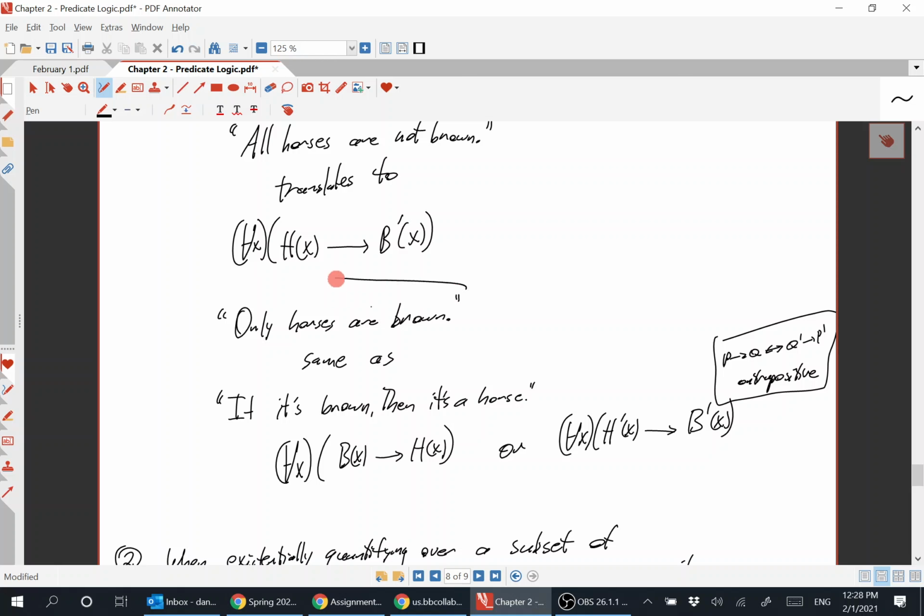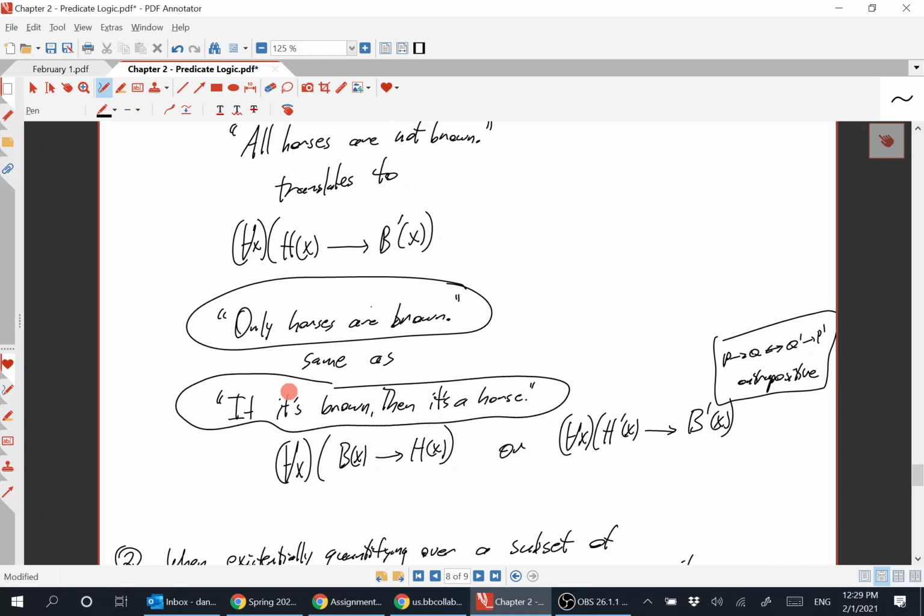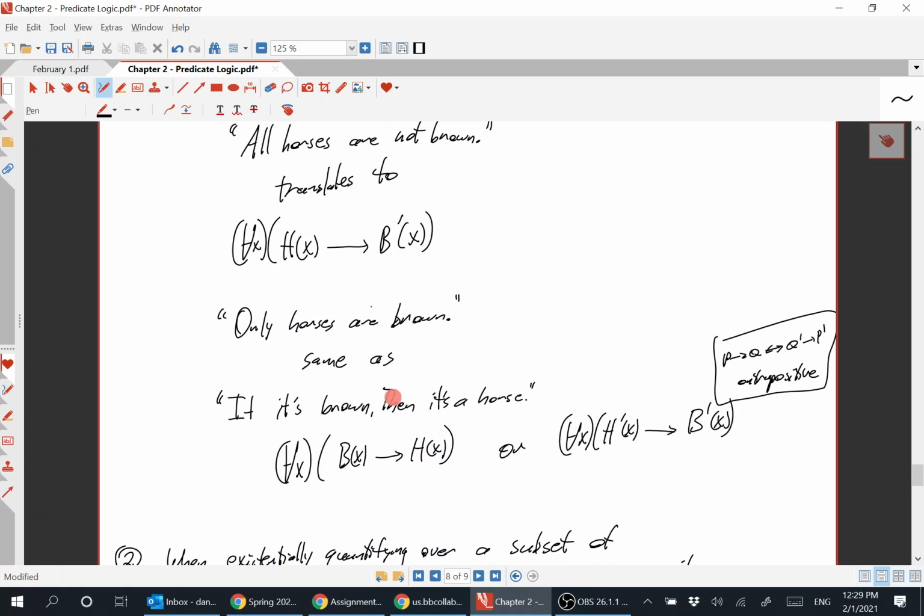To say this as an if-then statement, only horses are brown is the same as saying if it's brown, then it's a horse. Or by the contrapositive, if it's not a horse, then it's not brown. That looks like this: for every x, if it's brown, then it's a horse. Or the equivalent statement, for every x, if it's not a horse, then it's not brown.